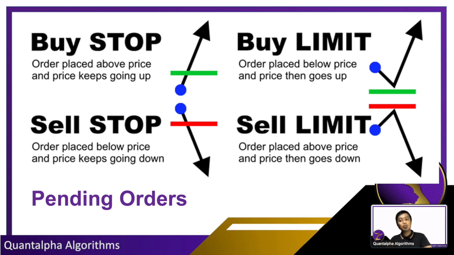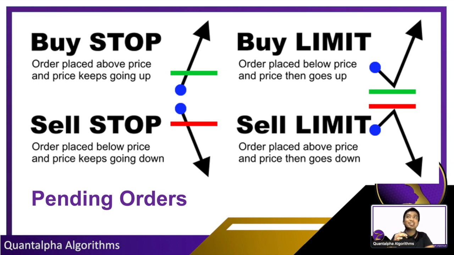For the third one, we have the sell stop. It says here that sell stop is an order placed below price, and the price keeps going down. For example, the blue dot here is the current price. You are forecasting that the price of that specific asset that you are trading will go down. But you don't want to enter the market right now, because you're saying to yourself that you're going to enter when the price goes quite some lower.